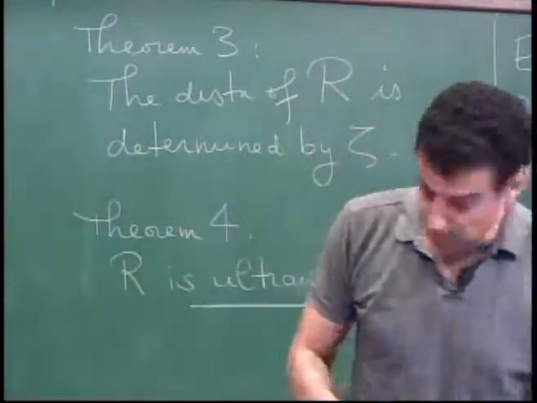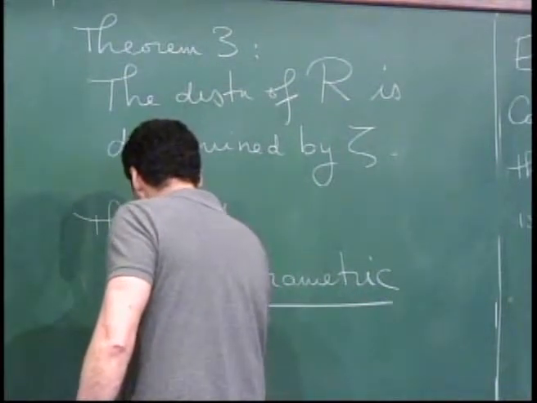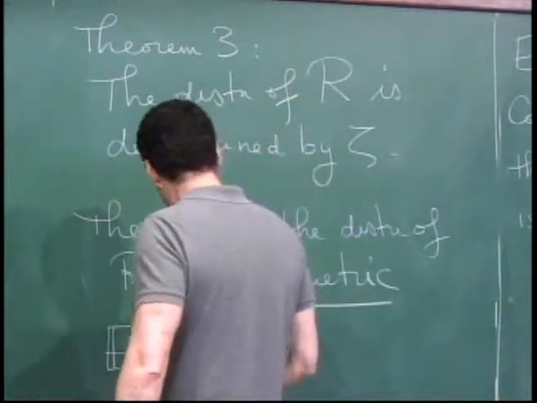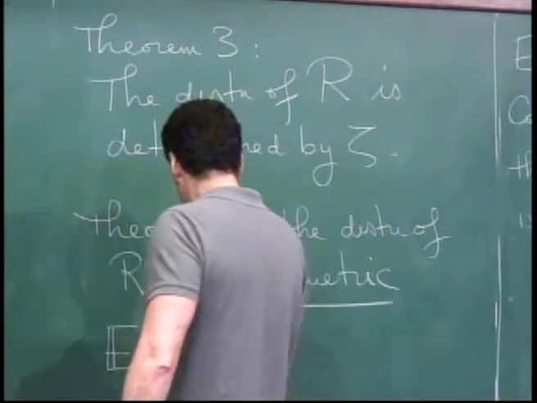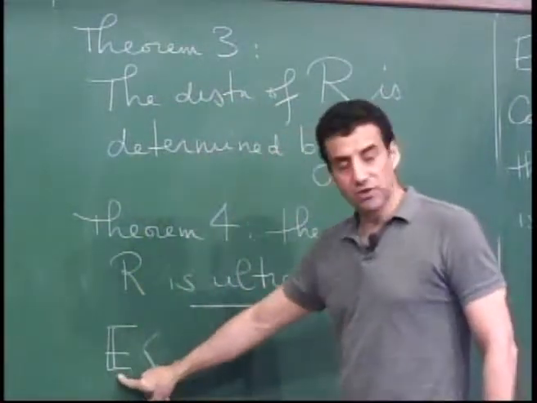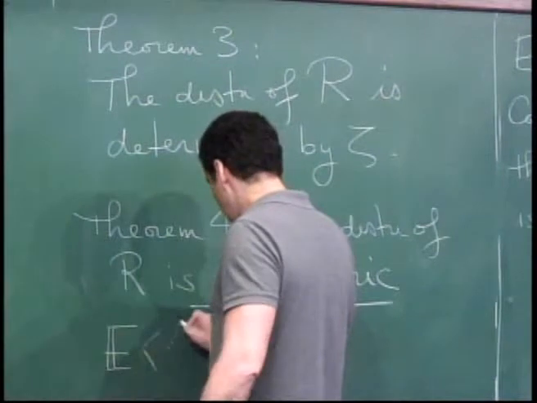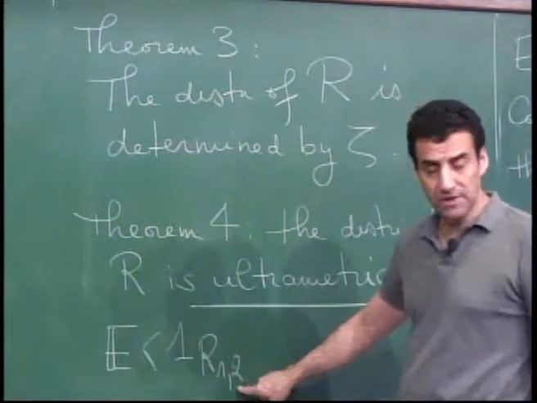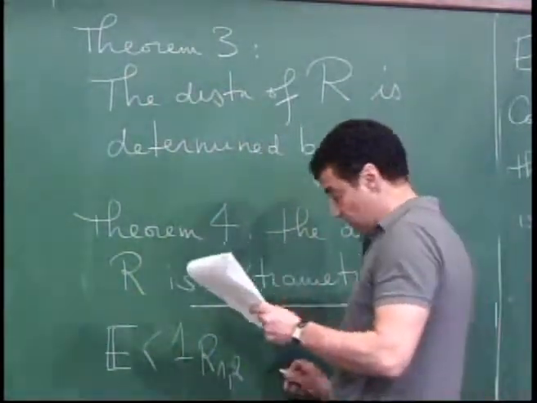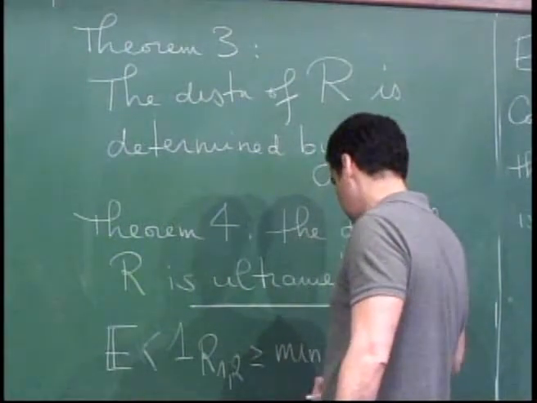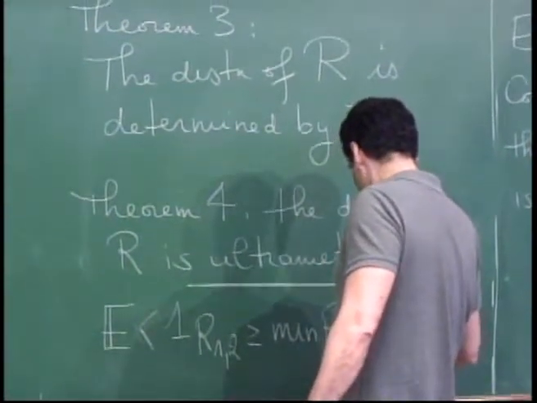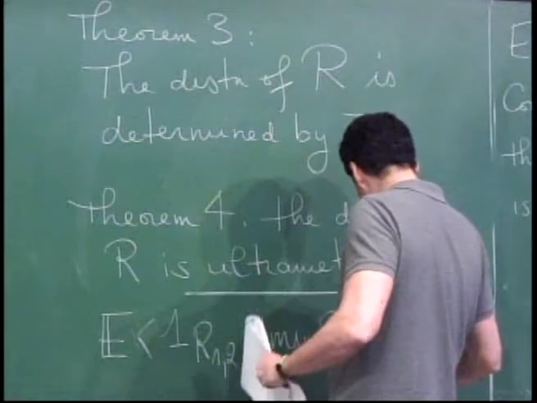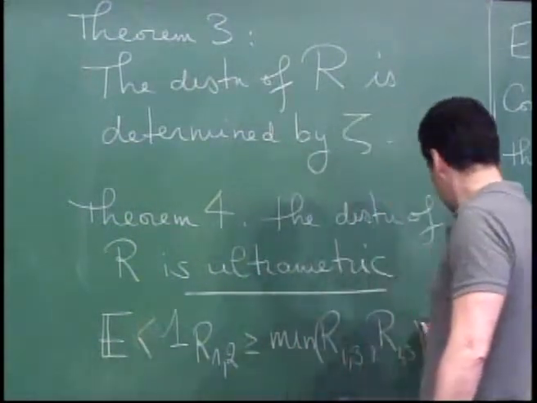I have to spend some time, so maybe I could write it here. It means the expectation, maybe I should say the distribution of, so if I look at the average under G and the average under the disorder of the indicator function of the overlap between 2 points being larger than the minimum of the overlap between the other 2 pairs, so R1,3 and R2,3, this is 1.